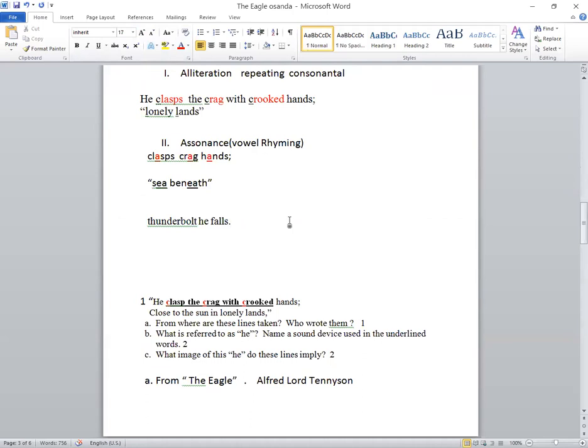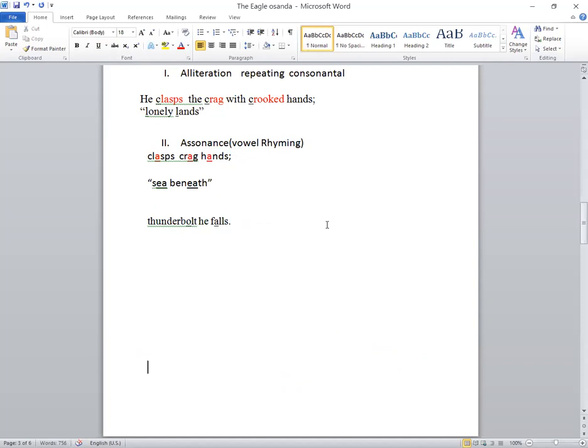Here, O. That is assonance. Similar vowel sounds. Right, write down these 3 examples. These are the examples for assonance or vowel rhyming.